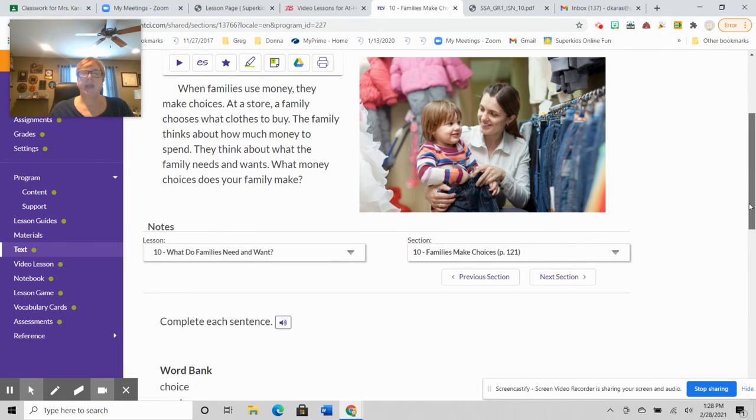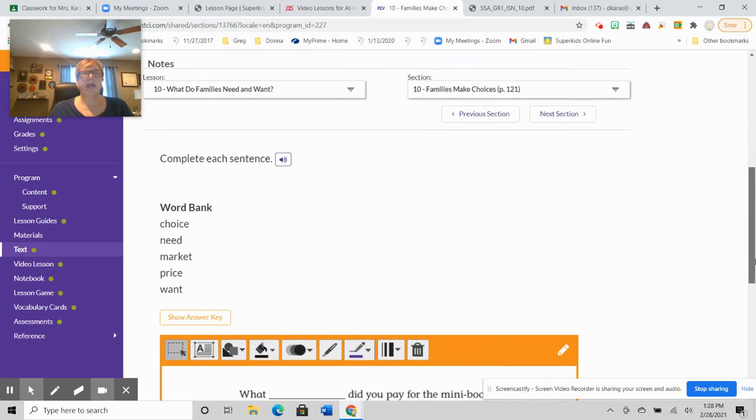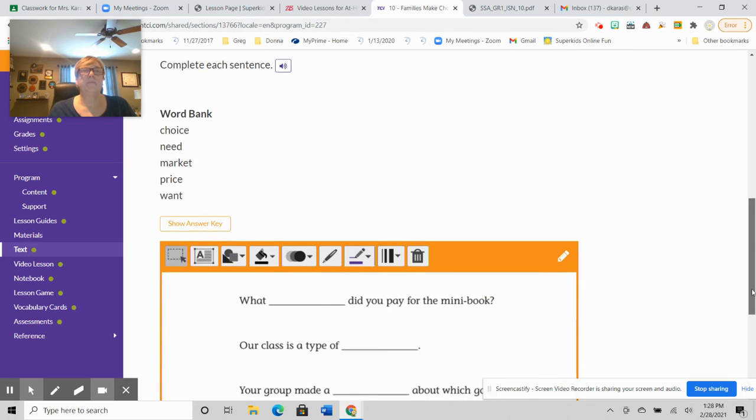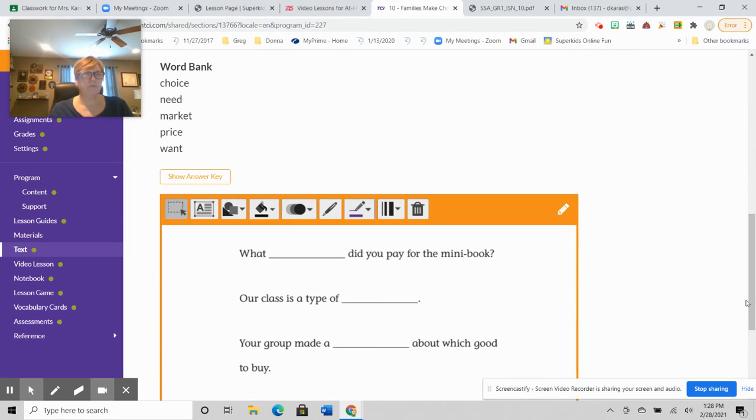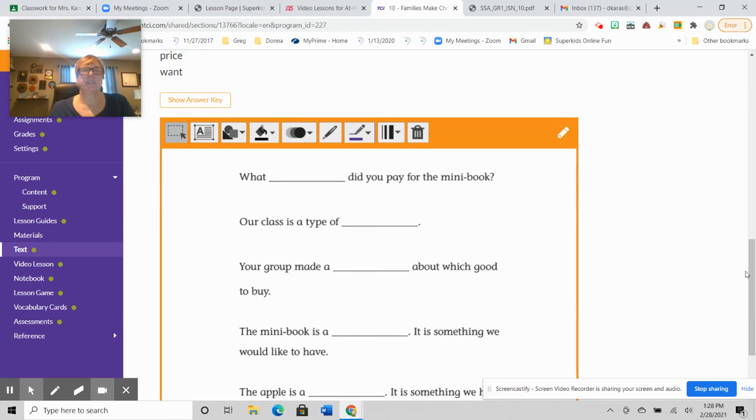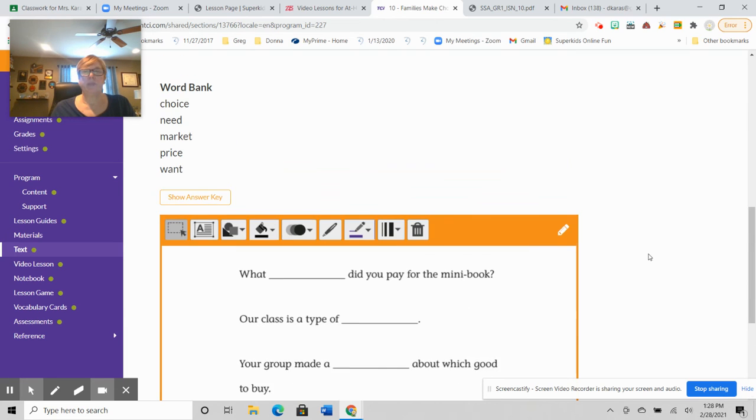Okay? Now, let's look here at our page 68, and I'm going to work with the first two with you. Your word bank is at the bottom of page 68. And the words are choice, need, market, price, and want. Okay, so now let's look at the first sentence. What blank did you pay for the mini book?